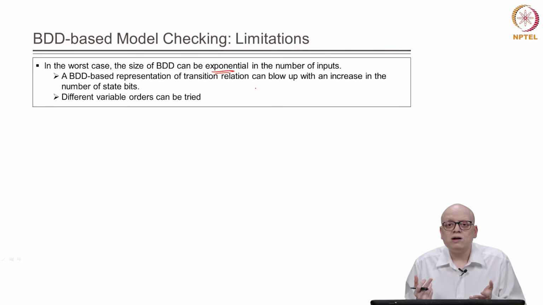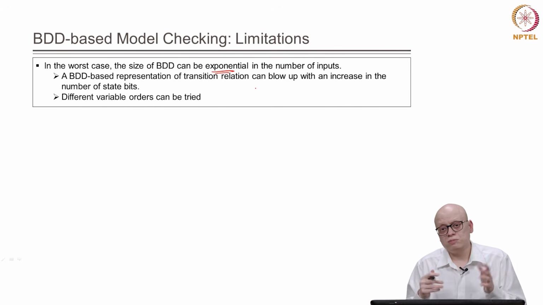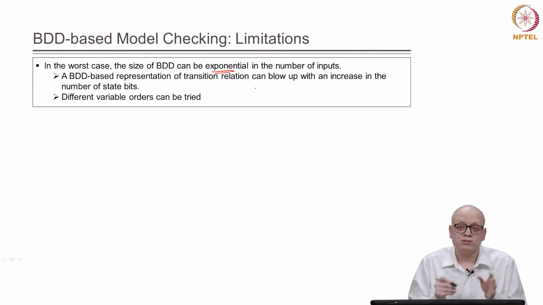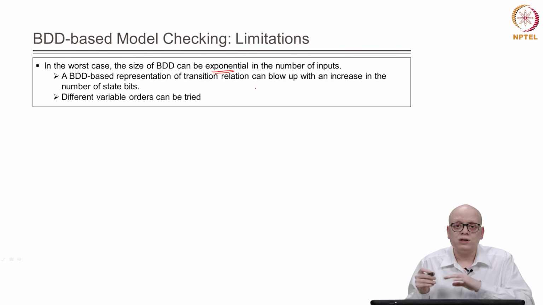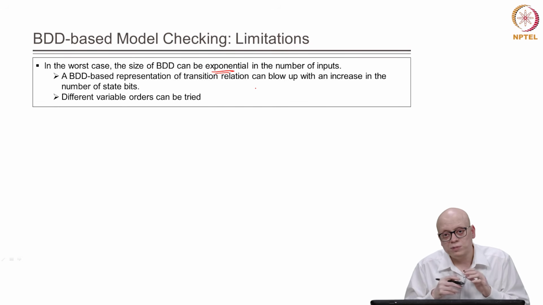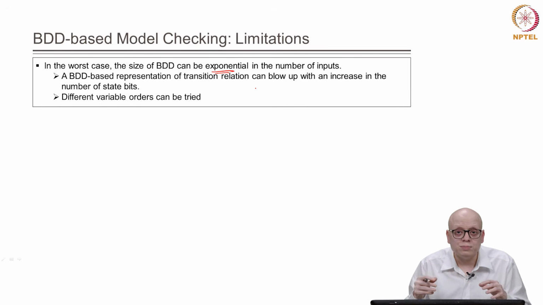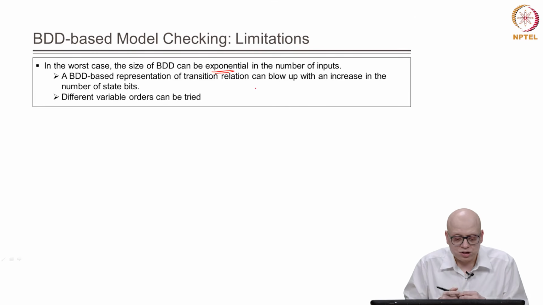So, in that case, what can we do? We can try different variable orders. The model checker tool internally can reorder the variables if, for a given variable order, the BDD is growing exponentially or becoming very big, and probably the problem can be solved. That is one way to deal with this problem.